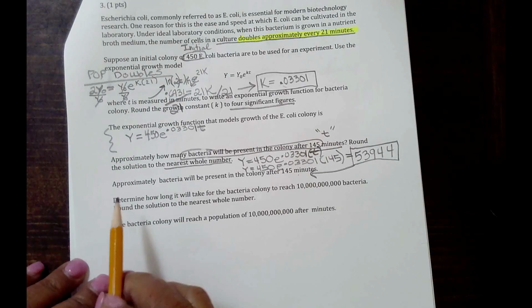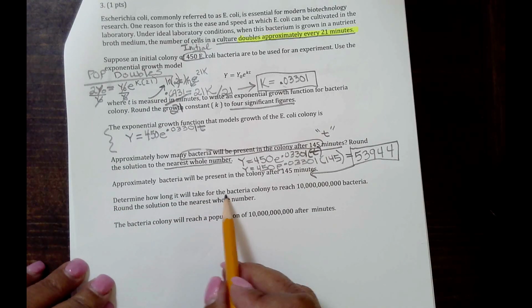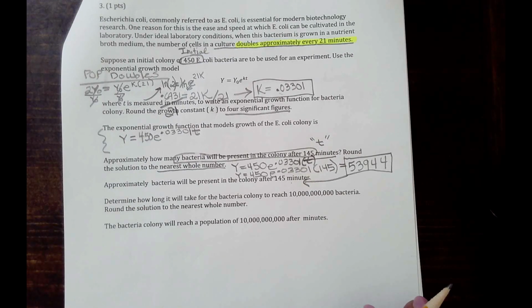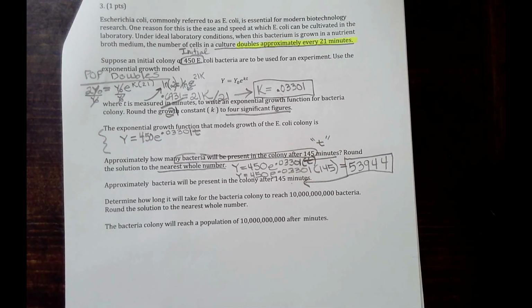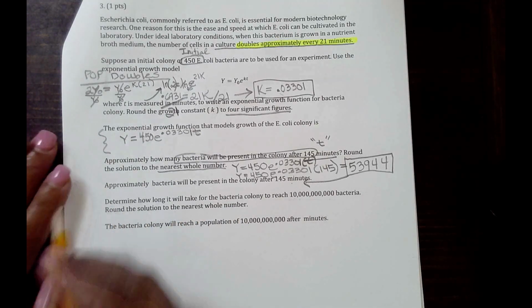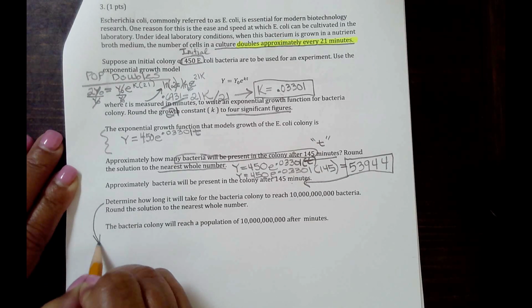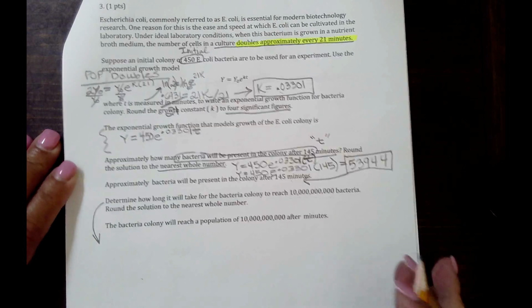Next question. Determine how long it will take for the bacteria, and for you guys it'll pop up one question at a time. It's just that I have the printed version of what's in your homework. Determine how long it will take for the bacteria colony to reach, wow, all of that, round the solution to the nearest whole number. Okay, so I'm going to need some room to do my calculation right here.